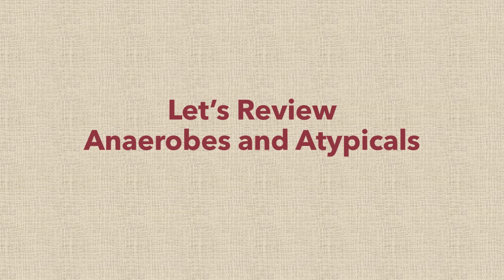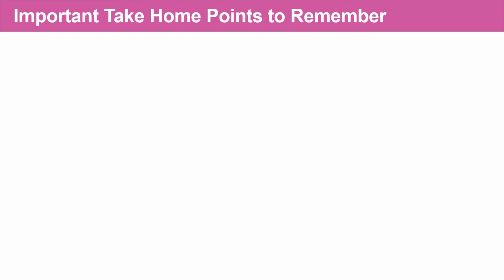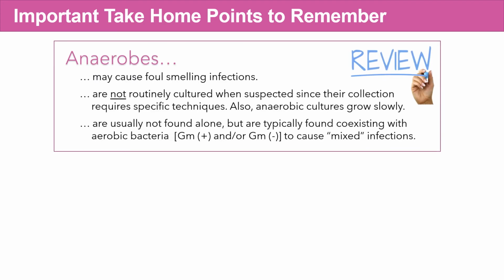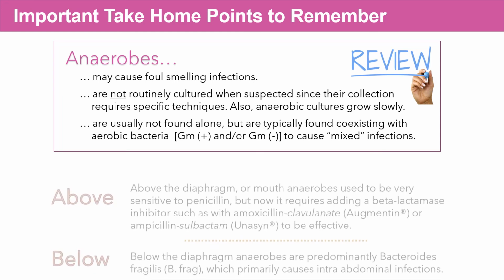So let's review this section on anaerobes and atypicals. Here are some important take-home points to remember. Some key characteristics of anaerobes are that they may cause foul-smelling infections, they are not routinely cultured when suspected, since their collection requires specific techniques, and they are usually not found alone, but are typically found coexisting with aerobic bacteria to cause mixed infections.